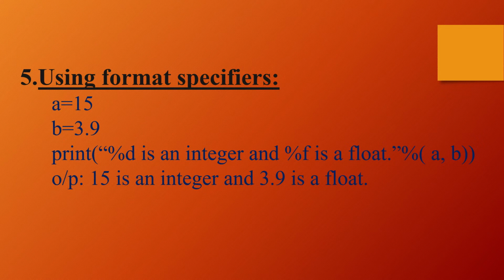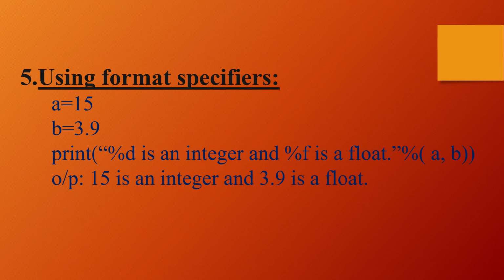Out of the double quotes, % of a comma b, then we'll get the output as in %d place a value will come, in %f place b value will come. Output as 15 is an integer and 3.9 is a float.